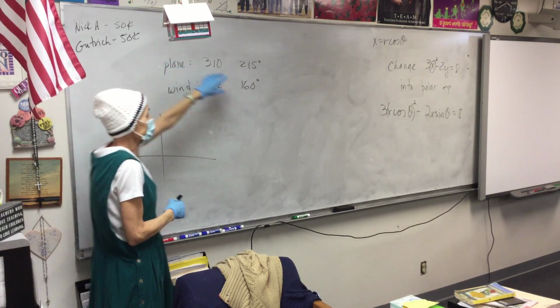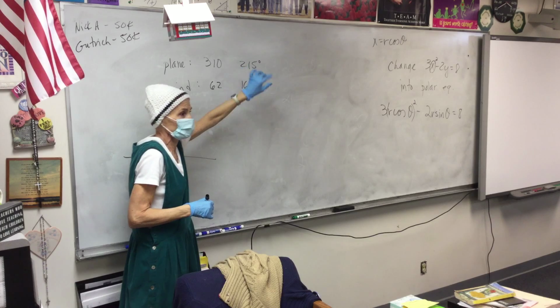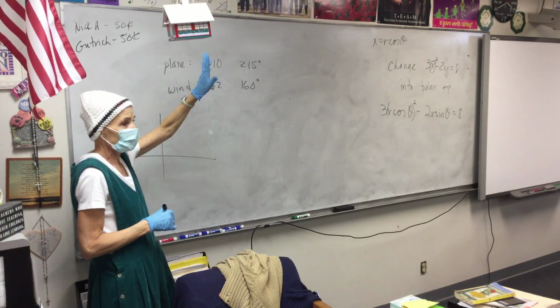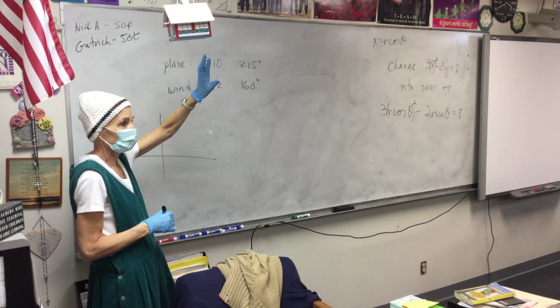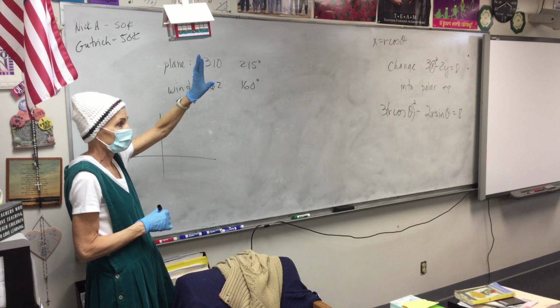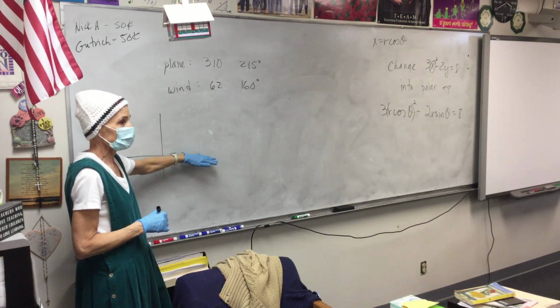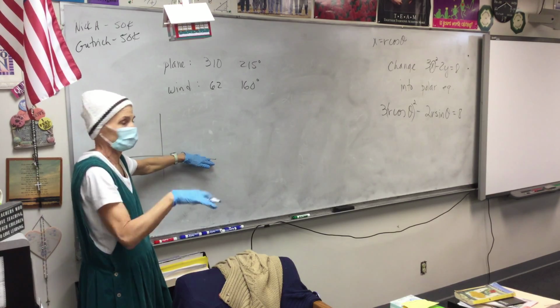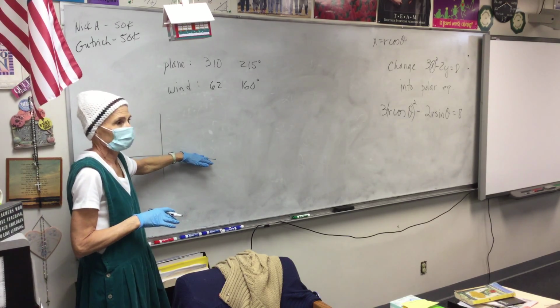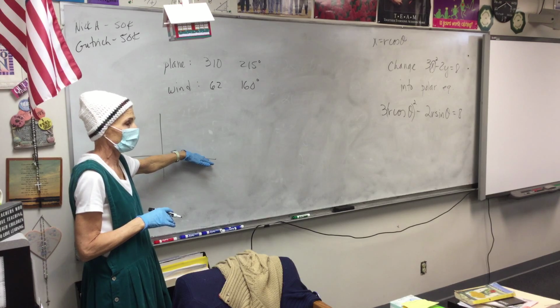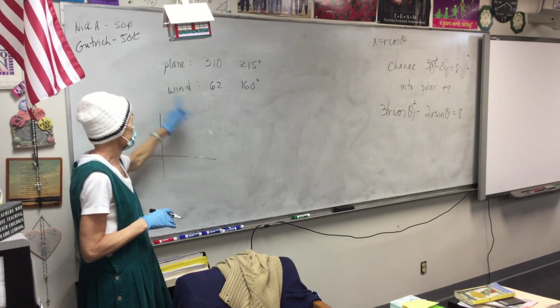Now, this is different. When we're talking about direction, where do I start measuring that 215? I don't start here. This is standard position, and everything else starts here, but not directions. Directions start at the top.